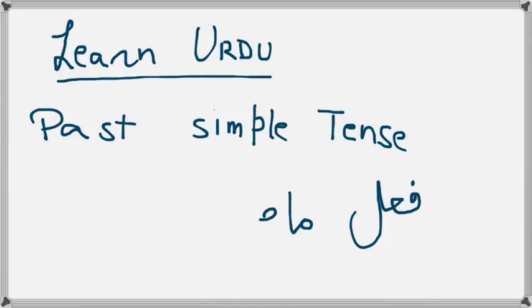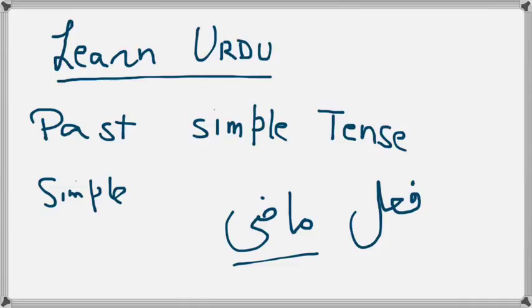Mazi is past. We will be making simple sentences, negative sentences, and interrogative sentences using the past simple tense, and we will be using different pronouns and discussing how we make past simple tense.